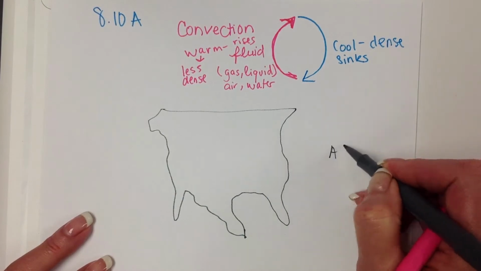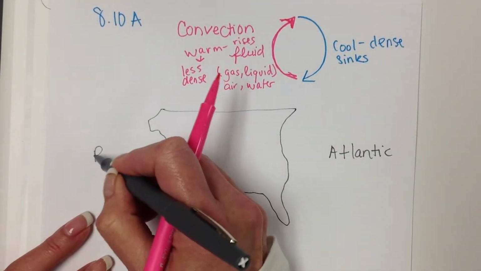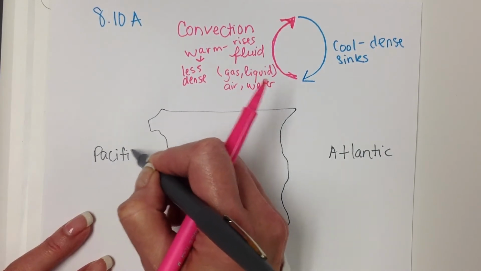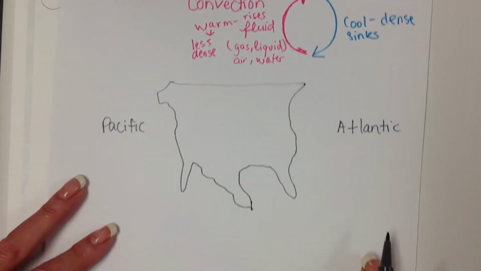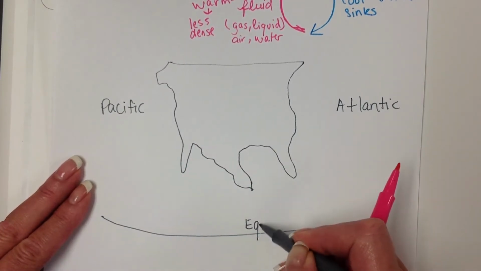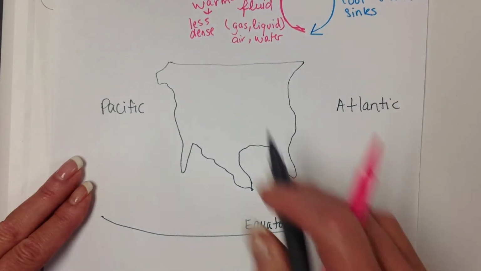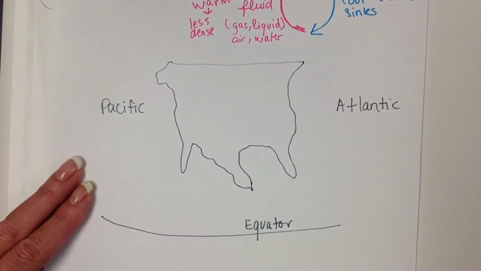We have the Atlantic Ocean over here, Pacific over here. We know that somewhere way down here is the equator. And somewhere way, way up there is the pole, because north of the United States is Canada, and then above that you would find the North Pole.